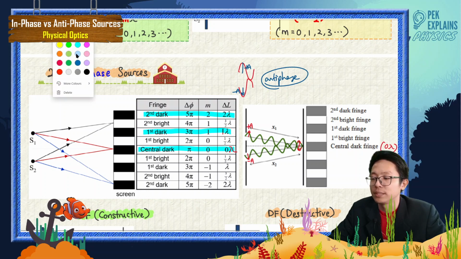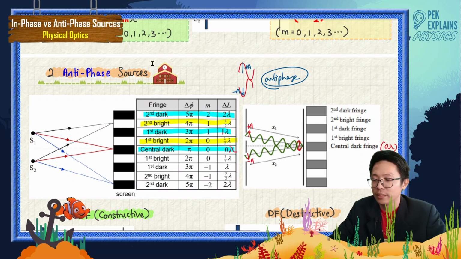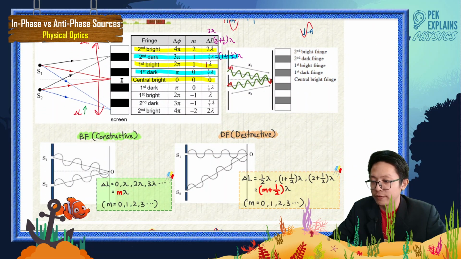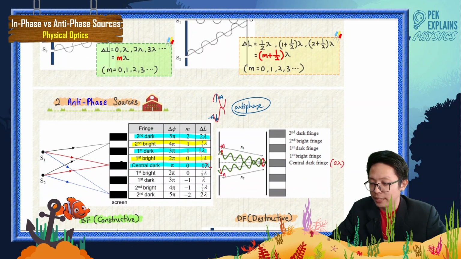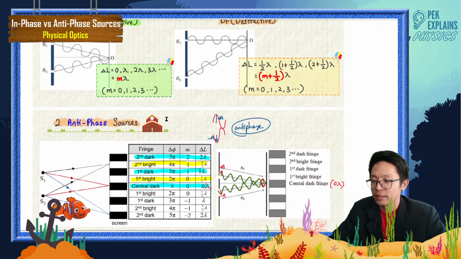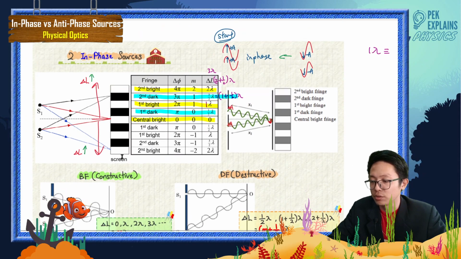So just the opposite to the in-phase source. Last time it started off with central bright: bright, dark, bright. Now it becomes dark, bright, dark. It becomes opposite. The zebra lines also become opposite.